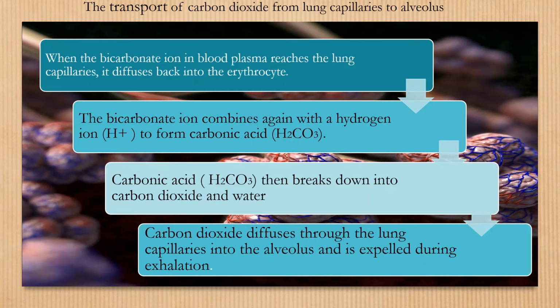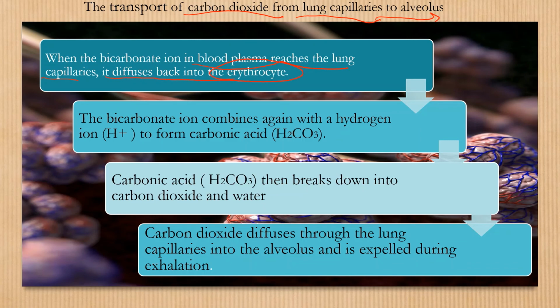Now we look at how carbon dioxide is then transported from the lung capillaries to alveolus. The bicarbonate ion is in the blood plasma. When the bicarbonate ion in the blood plasma reaches the lung capillaries, it will then diffuse back into the erythrocyte.